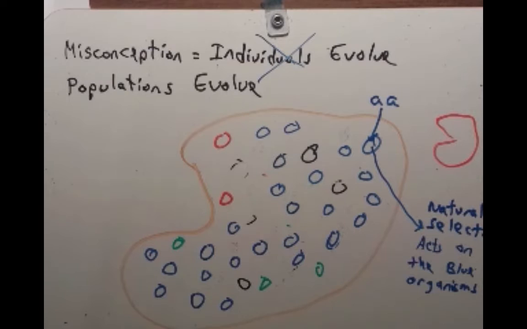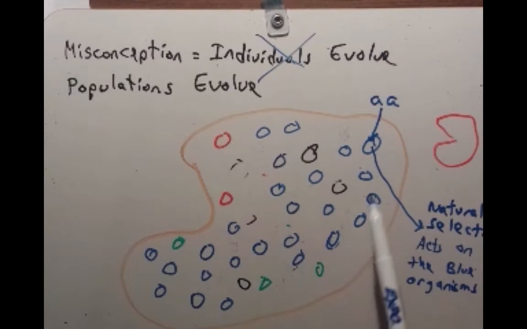This is a pretty important concept, that this genotype, which gave this blue organism its competitive advantage, it always had. It just wasn't advantageous until this predator came along. And now the blue organisms, with their genotype, have a competitive advantage.